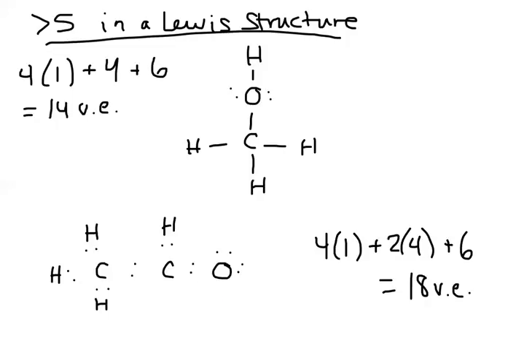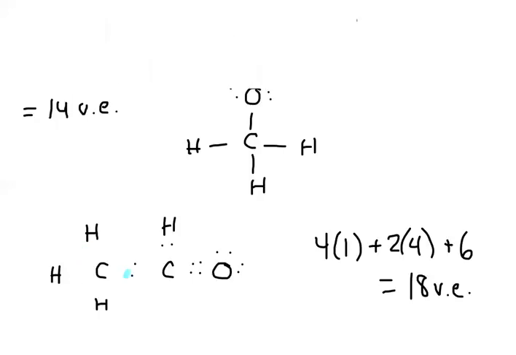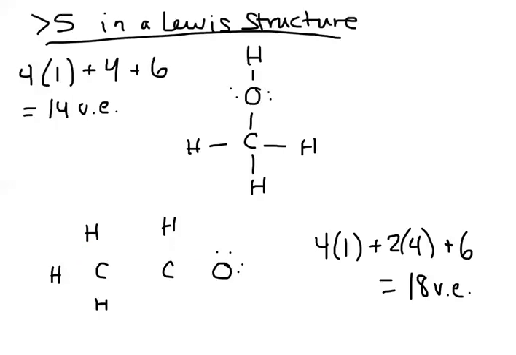So you're going to end up having 2 there. How are we feeling now? Everyone's awesome. So the last step is just to erase those lone pairs and draw in your bonds. Any questions on that?